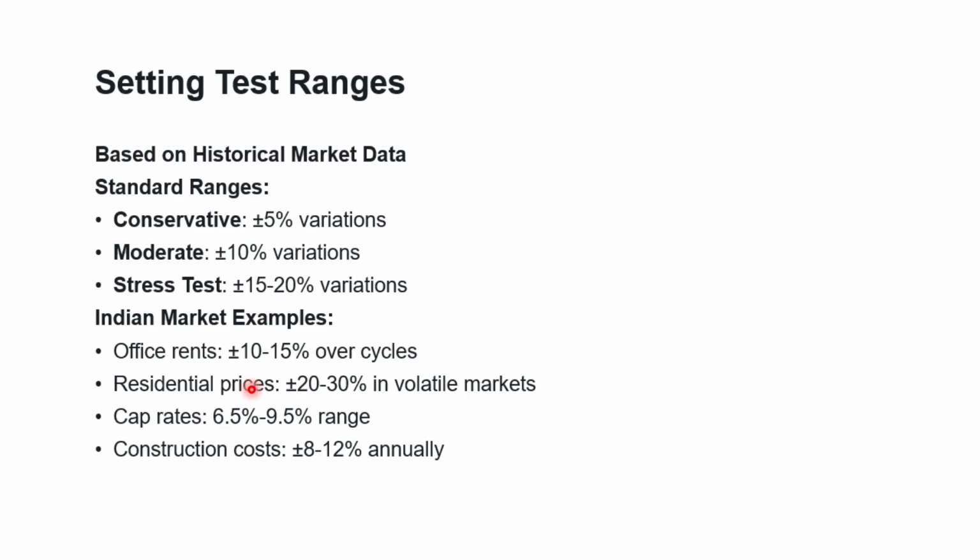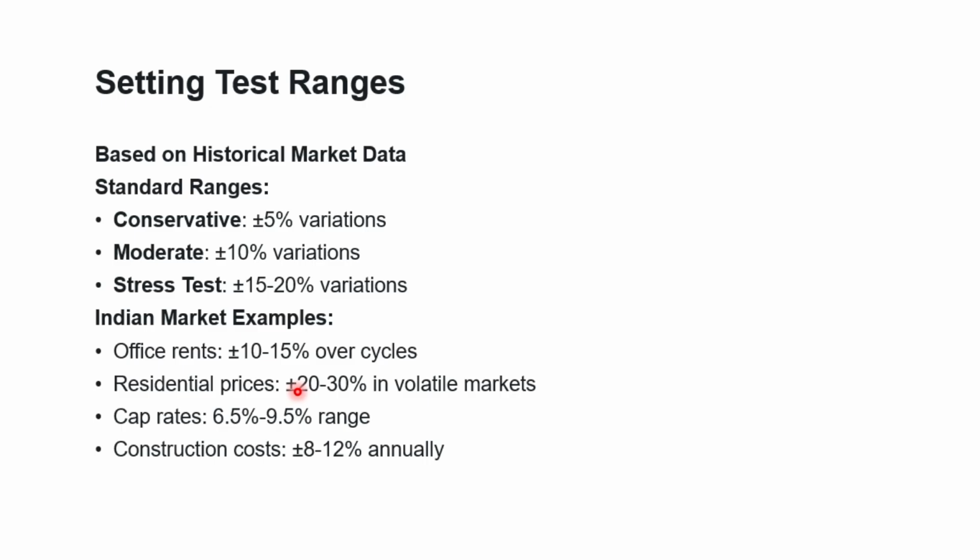Then we have cap rates of typically 6.5 to 9.5% depending on the location and asset quality, which varies with the type of property you are talking about. And construction cost can vary plus or minus 8 to 12% annually due to material price fluctuations.